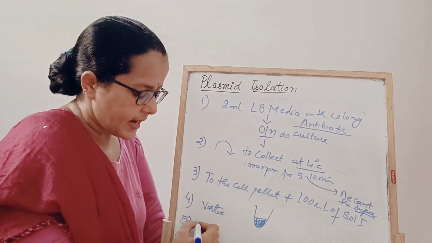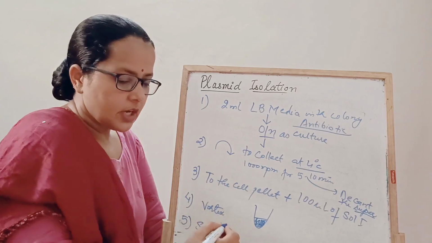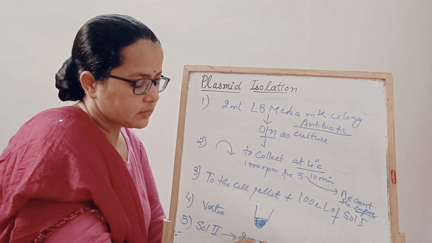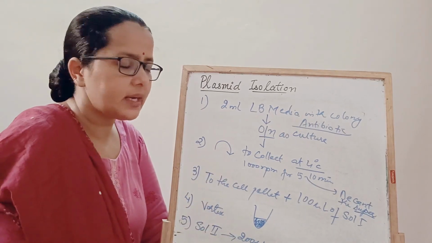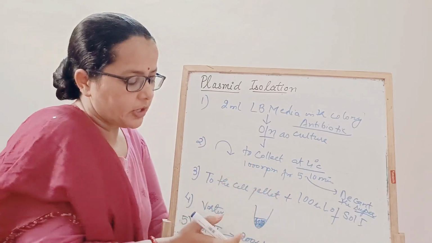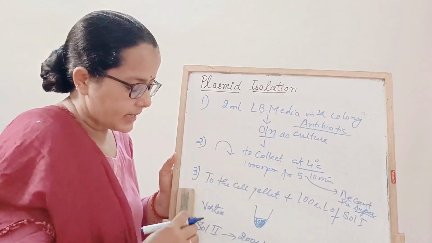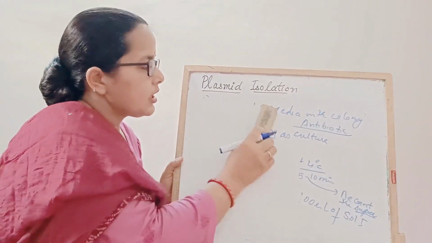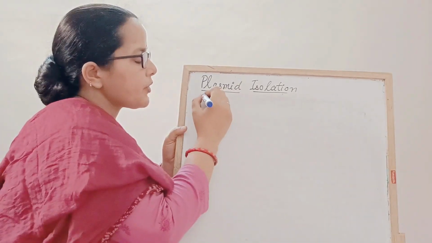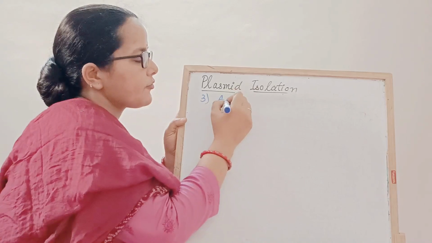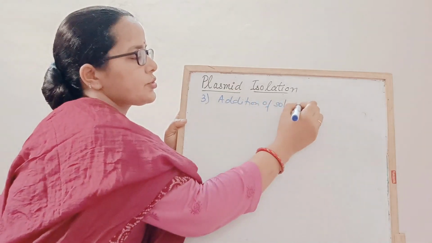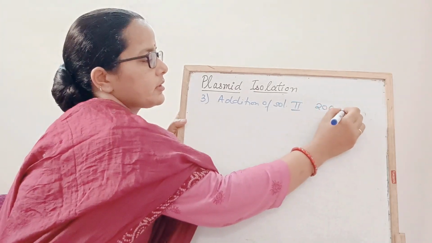To the suspension add solution 2, that is double the volume, 200 microliter. The third step is the addition of solution 2, 200 microliter.